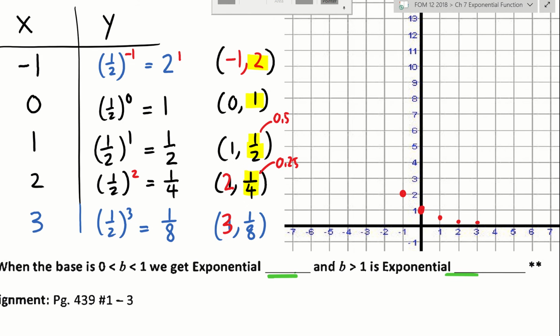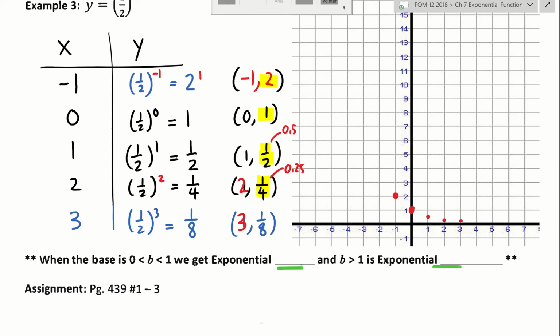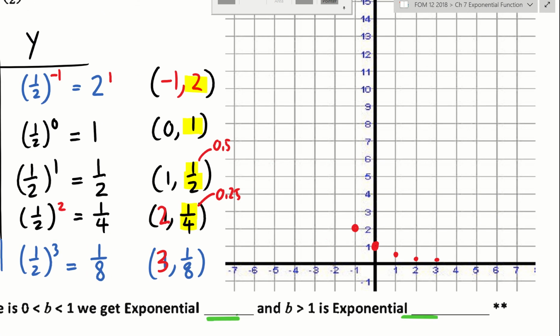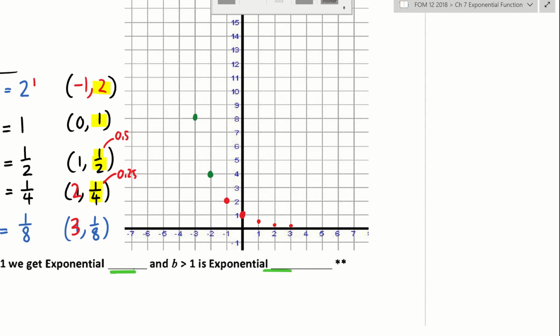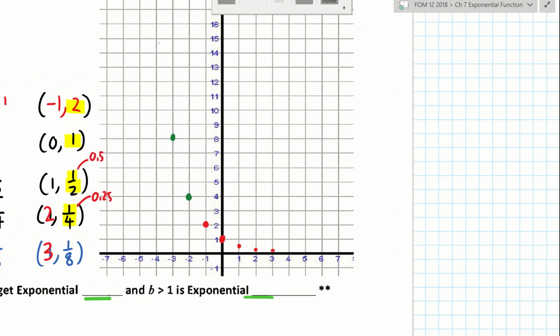Now, if we try another number, you can see the trend, right? But let's say you try -2, you actually discover that -2 goes to 4 and -3. So these ones I'm not working out. I'm just telling you that -2 goes to 4, -3 goes to 8, and so on. So if you line them up, now you don't have an increasing function, you actually have a decreasing function.